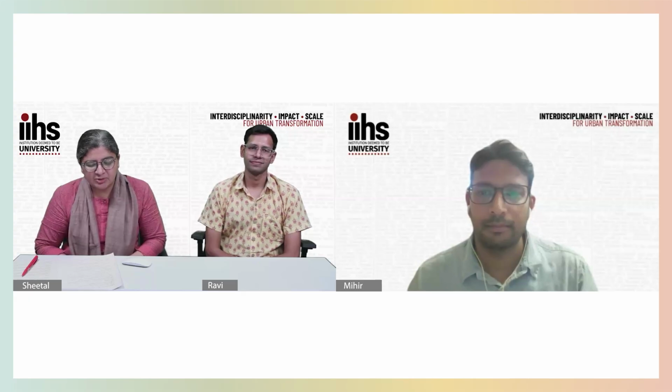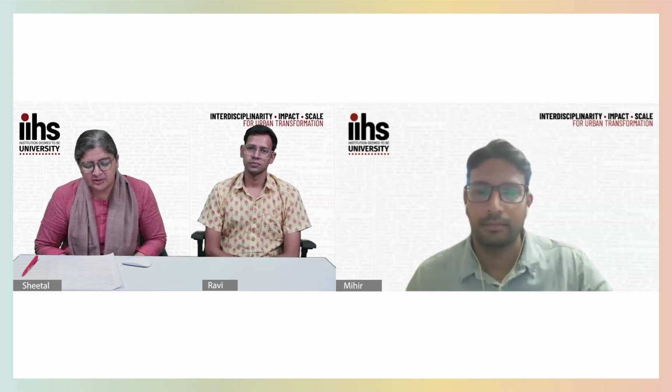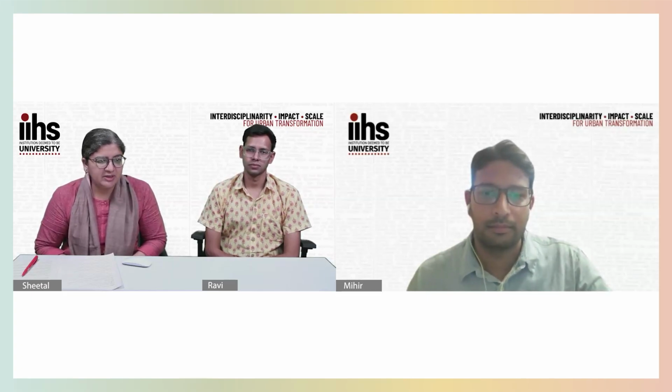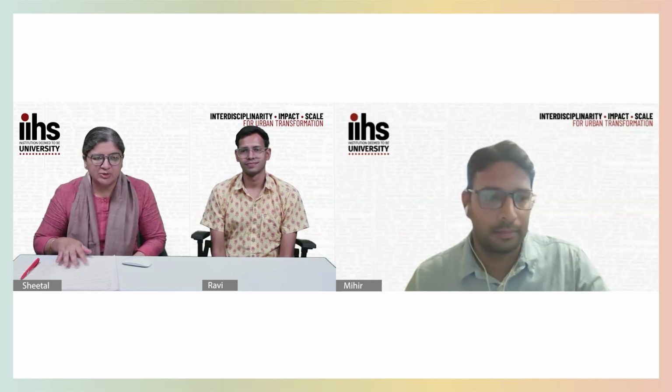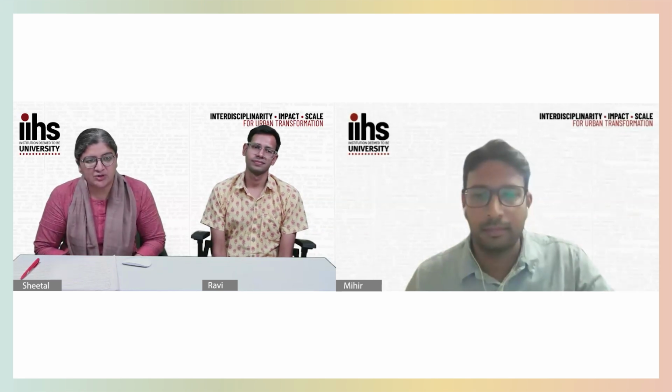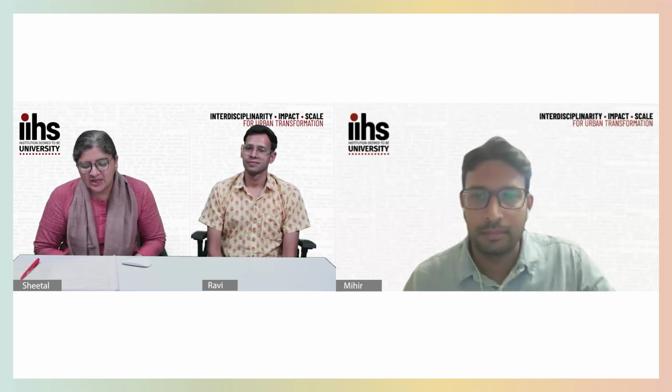Ravi is a landscape ecologist and urban ecologist. He focuses mainly on plant-animal interaction, community ecology, and animal behavior, specifically in urban areas. Thanks for joining me here, Mihir and Ravi, to unpack and dwell a little deeper on the nature in the city, nature of the city, and nature for the city.